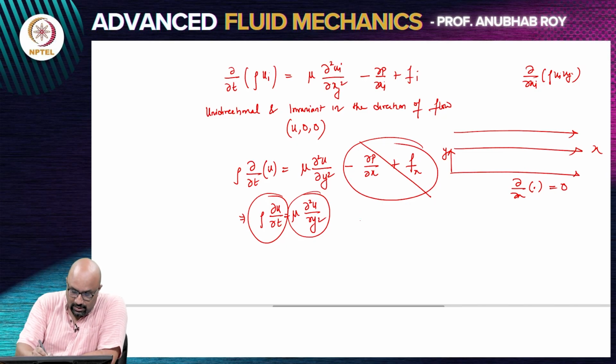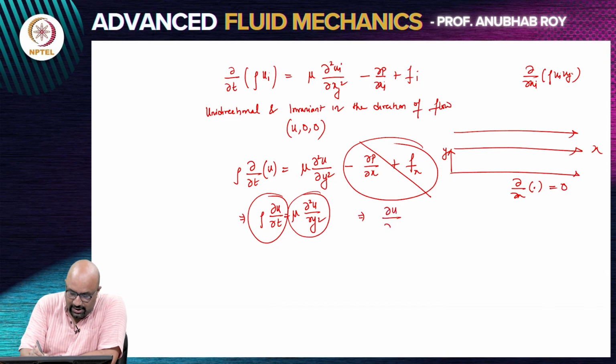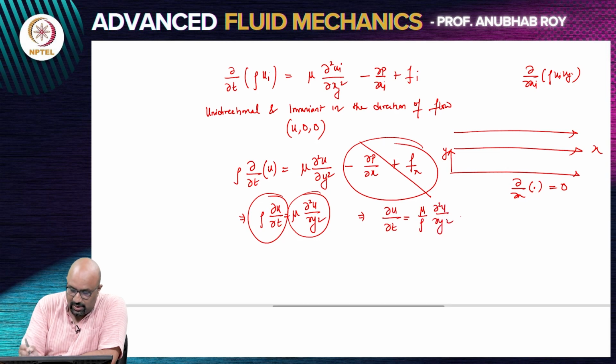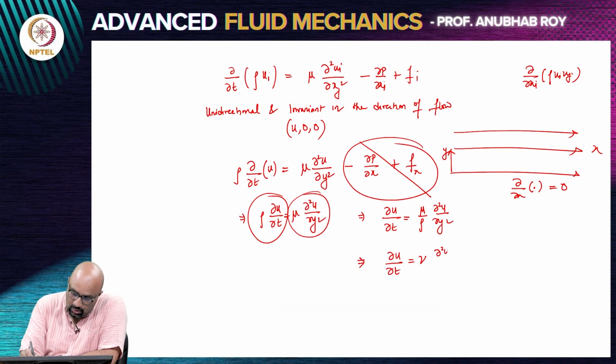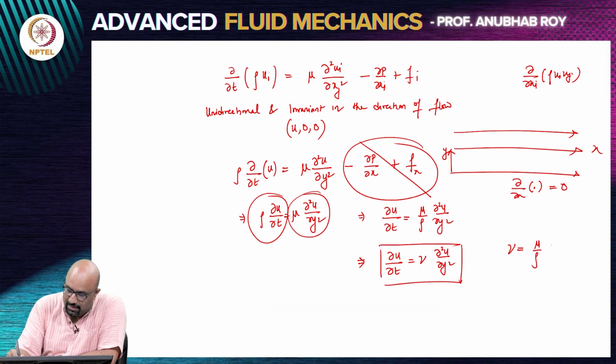So, this I can further divide by ρ on both sides and write as μ/ρ ∂²u/∂y², which becomes ∂u/∂t equals ν ∂²u/∂y², where ν is my kinematic viscosity.